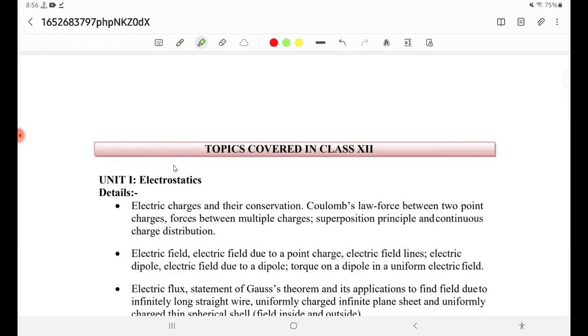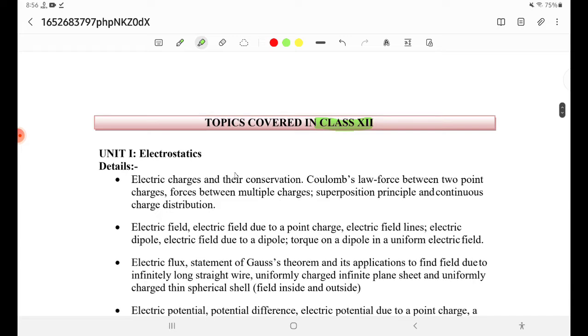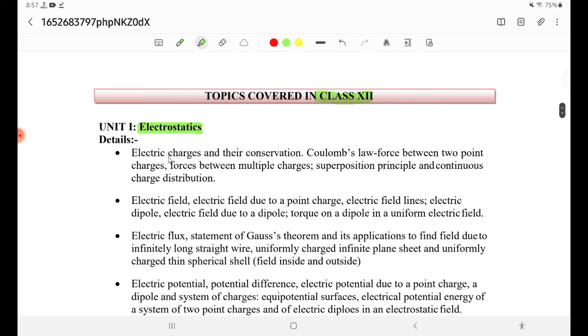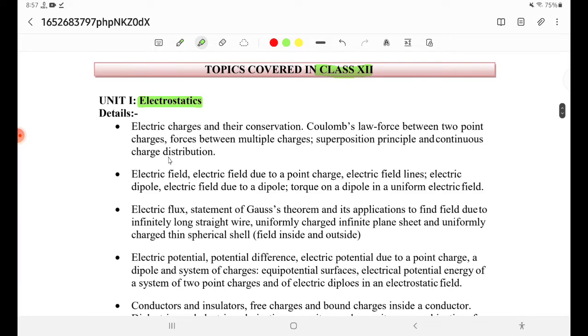And now starts the class 12 syllabus of physics for the NEET exam. The first chapter is electrostatics. And let me tell you, the class 12 syllabus is completely based on electricity and magnetism.